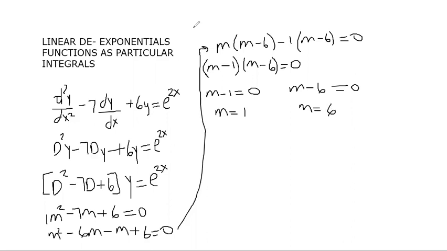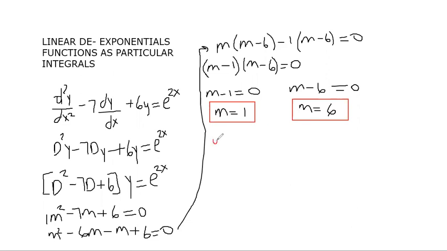So we realize that we actually have two values for m: m is equal to 1, and m is equal to 6. If you look at it, realize that these are real and distinct roots.